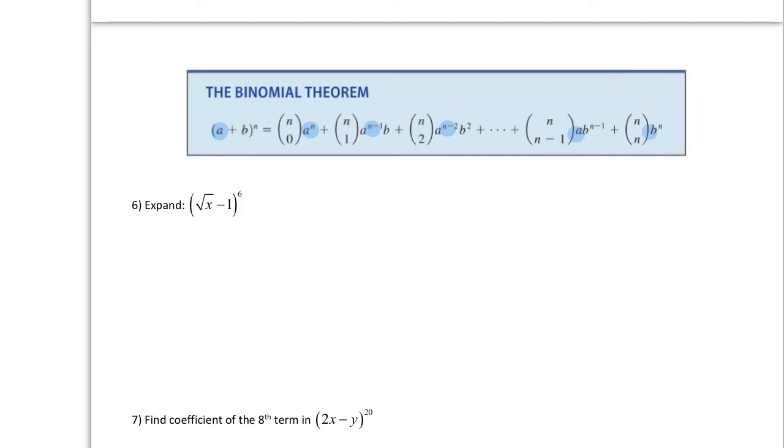How b is going to count up from b to the 0 to b to the first, second, all the way to b to the n. And then we have the coefficients. Instead of using Pascal's triangle straight up, we have the binomial coefficients. The top number is always whatever we're raising to, in this case n. And the bottom starts off at 0 and counts up all the way to n choose n at the end.